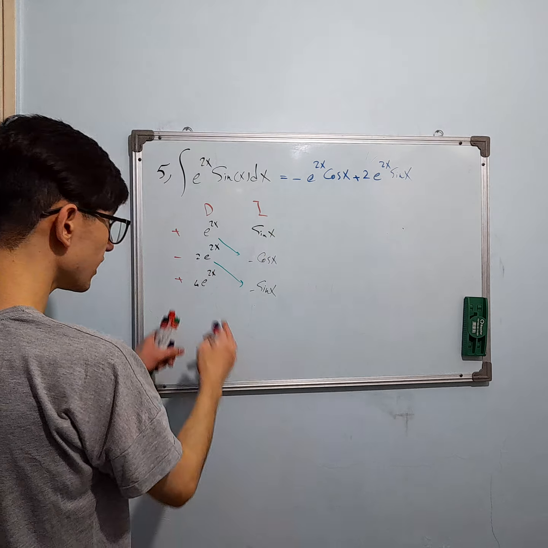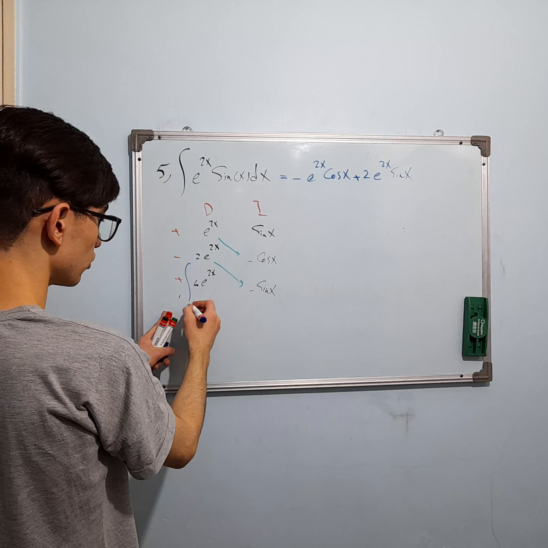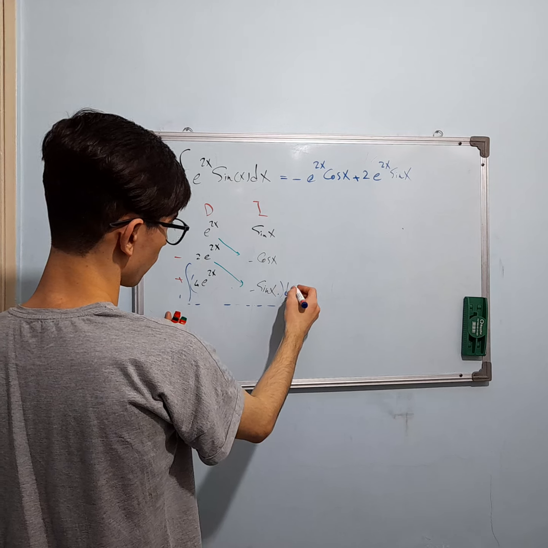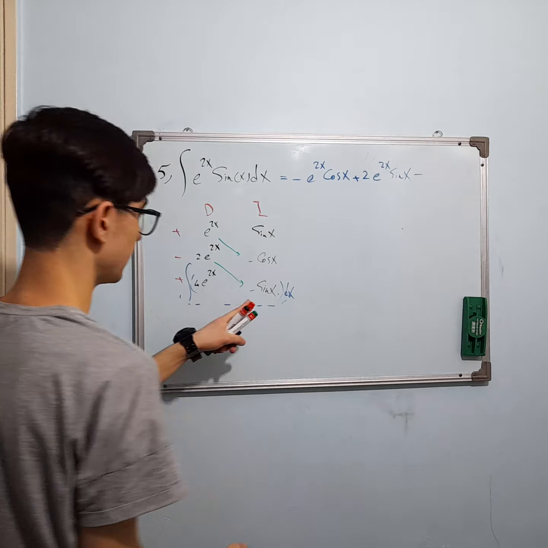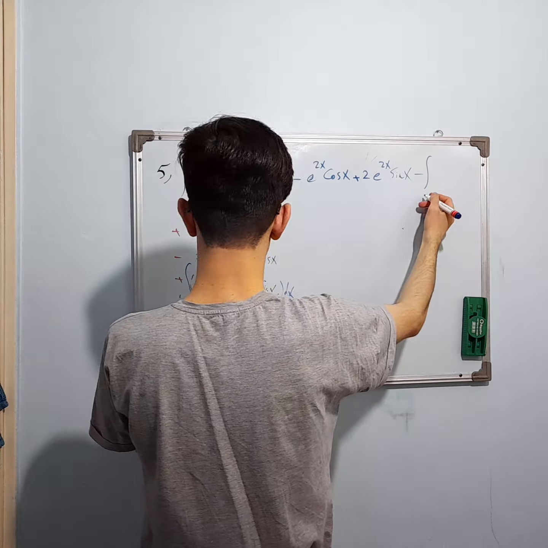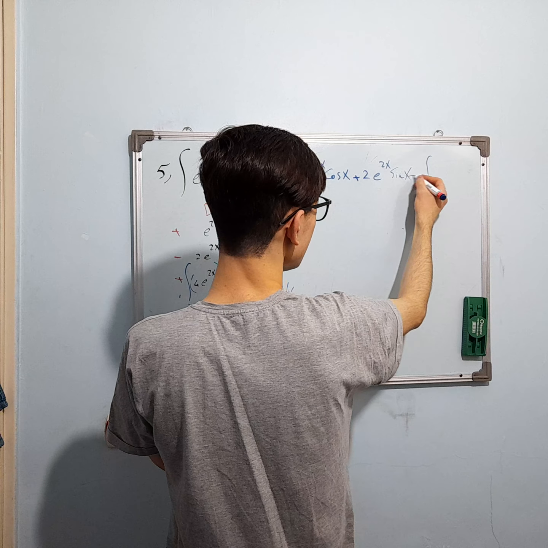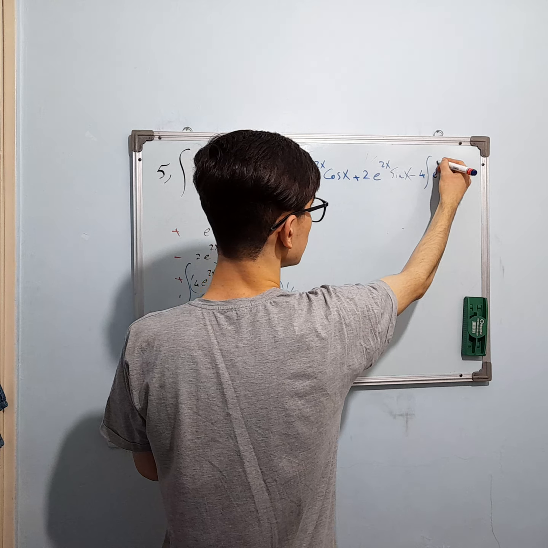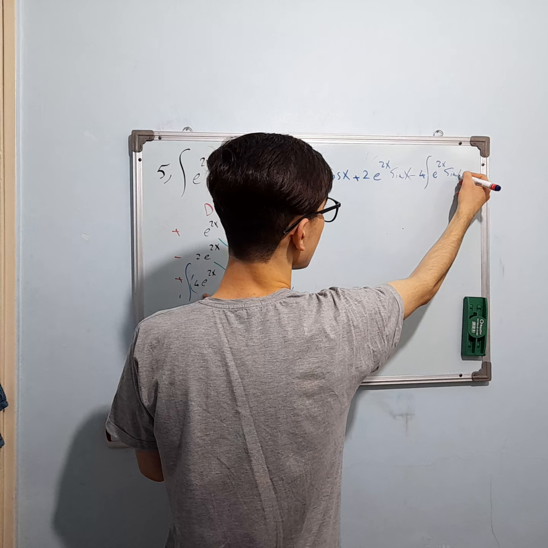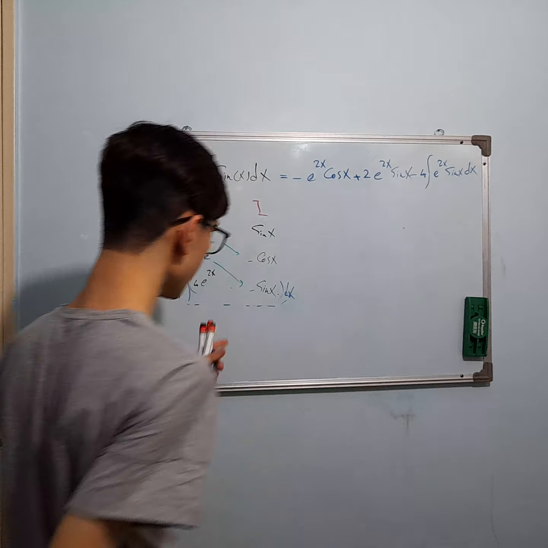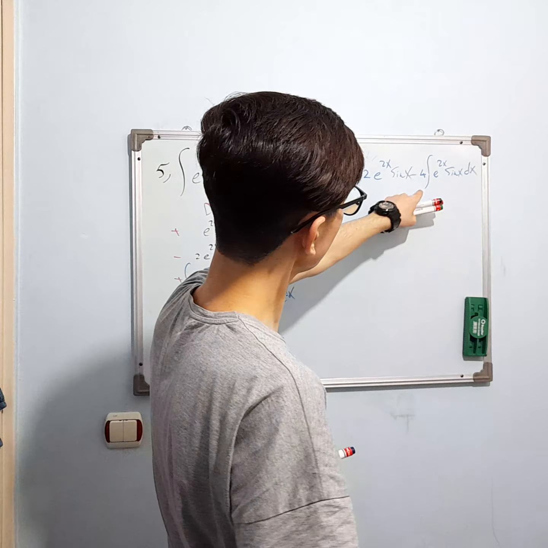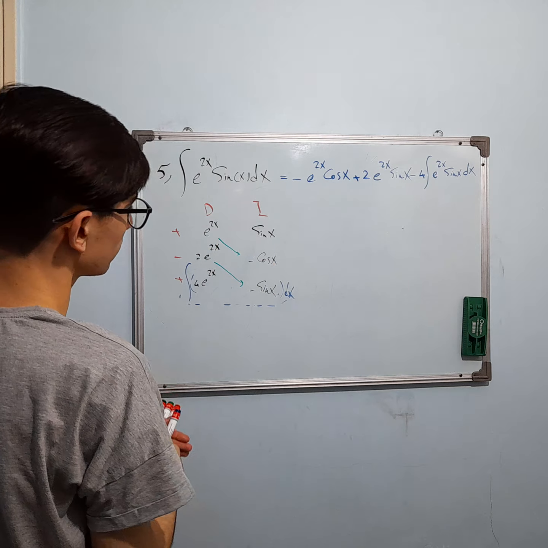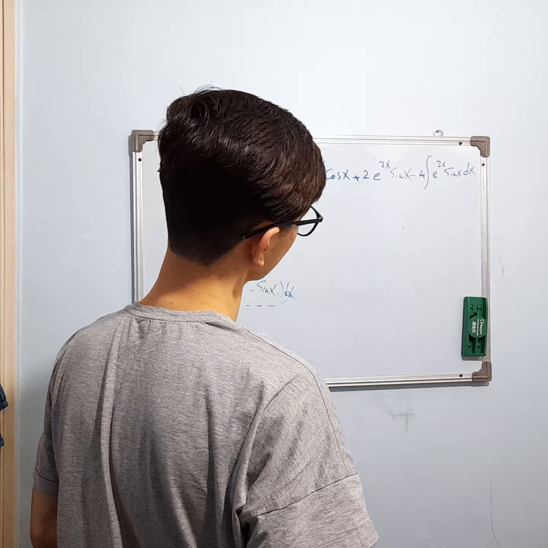And finally we must find the integral of this row. Negative here, the integral of, and let me bring the 4 behind the integral, e to the 2x sine x dx. If I bring it here, 4 and 1, let me write it for you.